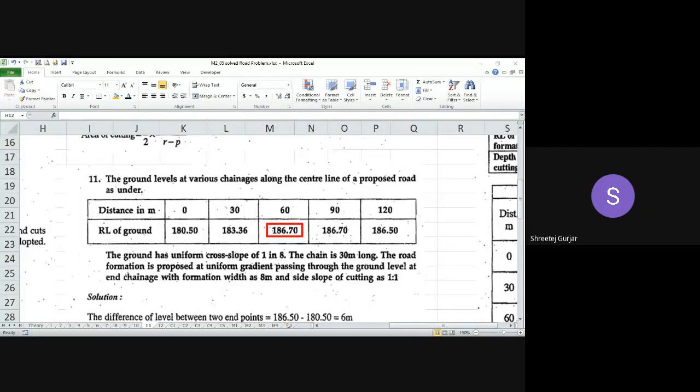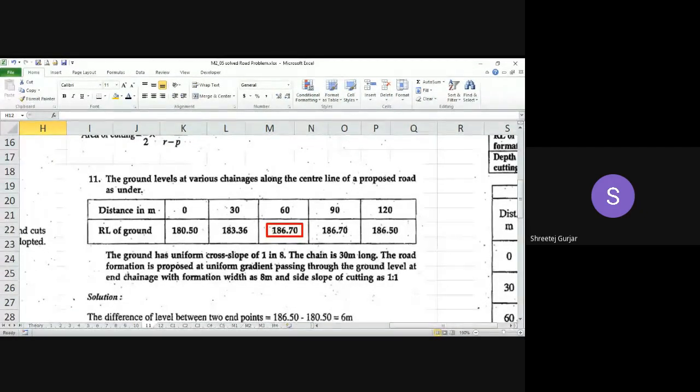What they have mentioned is that the end chainages are the same as your formation level. Meaning the ground level and the formation level at your first chainage are the same, and at the last chainage they are the same. So these are meeting at your first chainage and your last chainage.